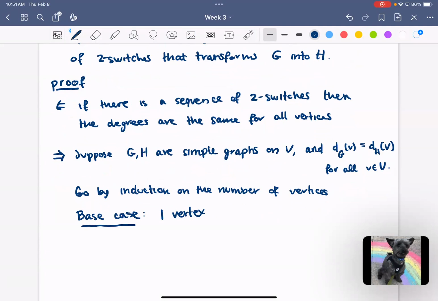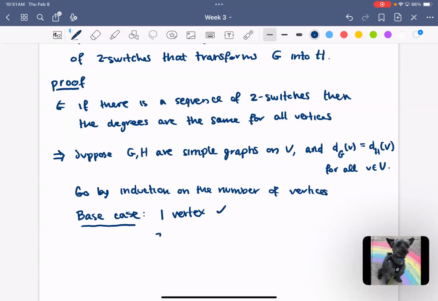And in the case of this proof, it's actually going to make sense for our induction to start with 4 vertices, because if you think about it, in order to do a two switch, we need 4 vertices to be present. So we kind of need to argue all the way up to n equals 3 that this is already true, and then we can start working with two switches at n equals 4. Does that make sense?